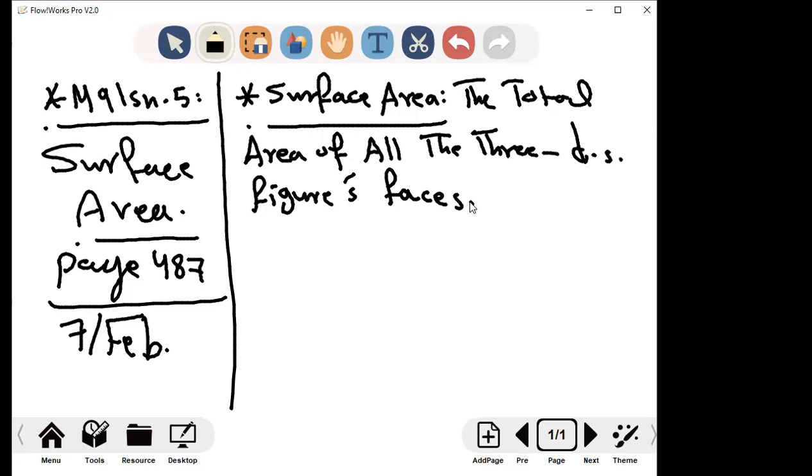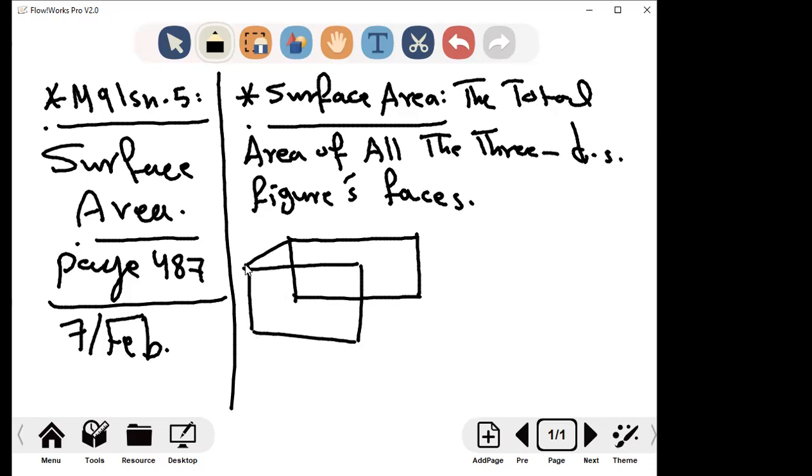For example, the rectangular prism, we said the rectangular prism has how many faces? 6 faces. So I need to find 6 areas. Now take a look at this one on the board.